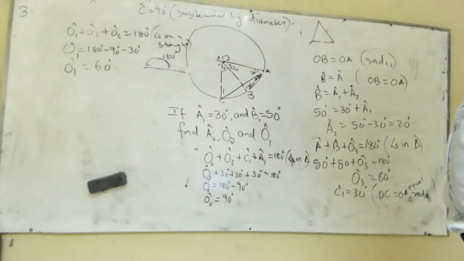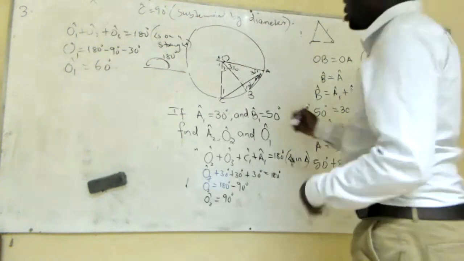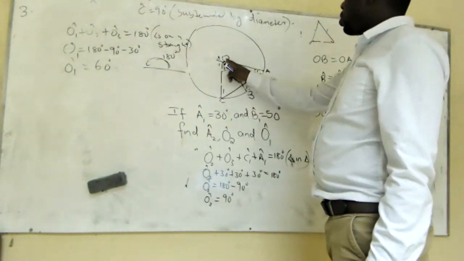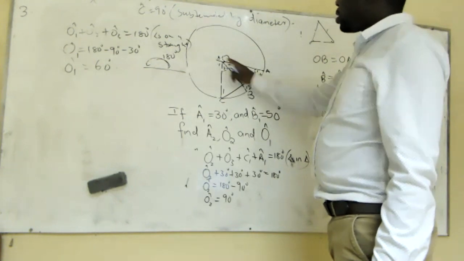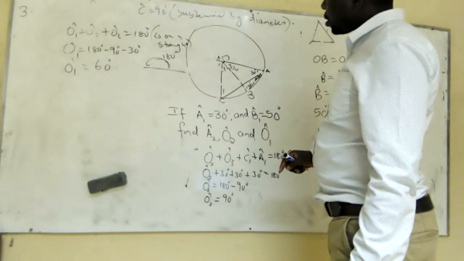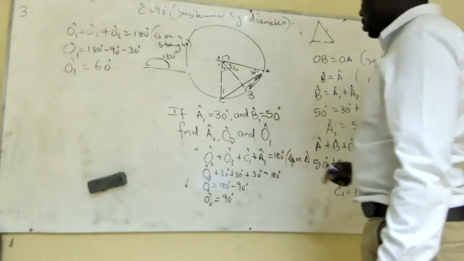Where is it? Without the values, just A, B, C, and O. Yes, without that 30 and 100.